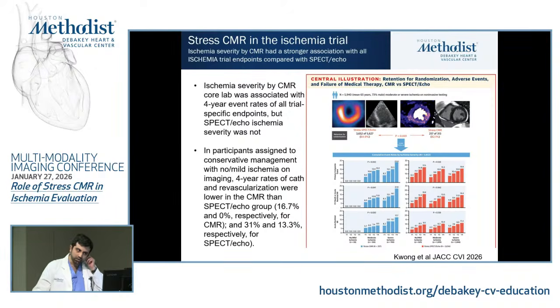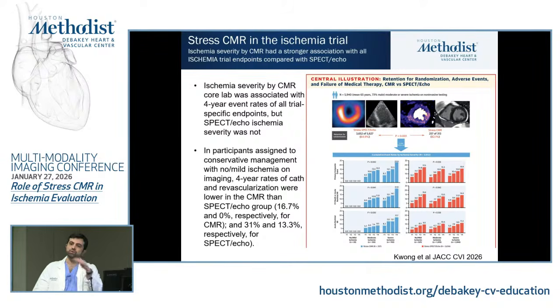When this was looked at, they found in a small group, 257 people who were actually randomized out of 313. So a vast majority were with SPECT and echo. One thing that they found is the rate of false negatives was actually lower with stress MRI.